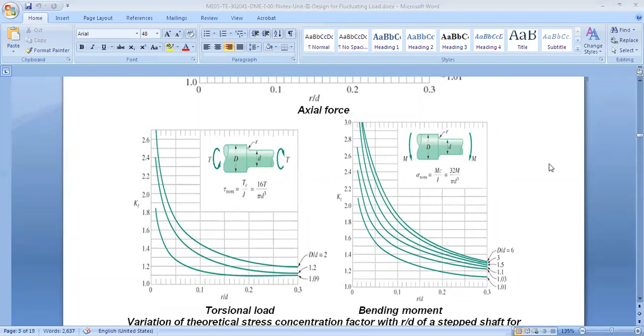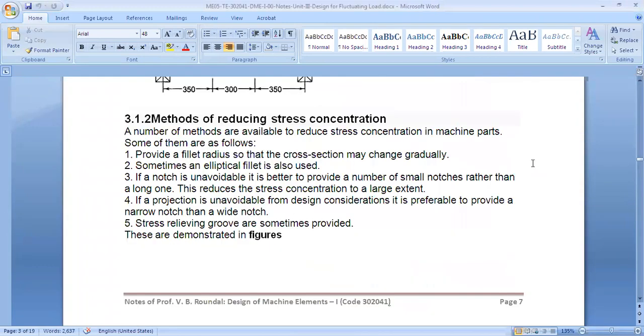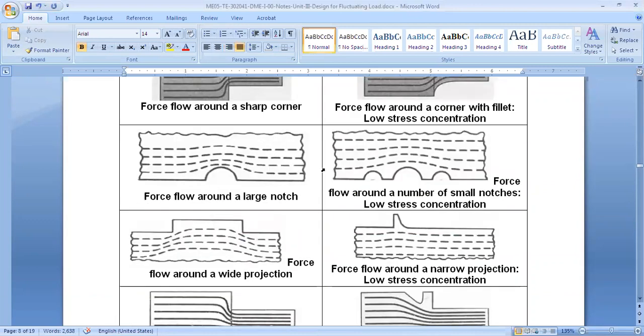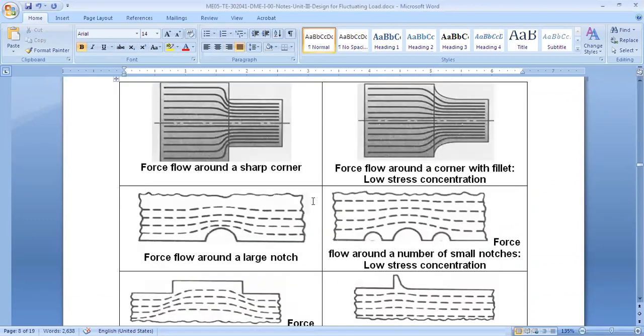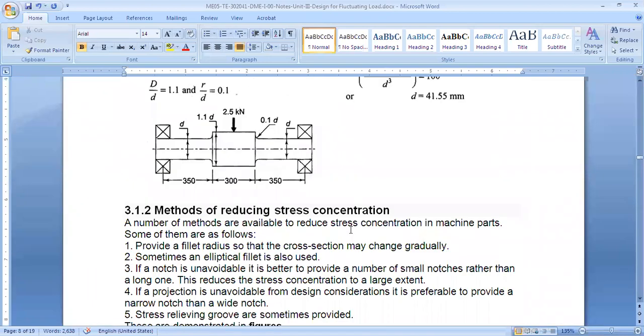Then we have gone through methods for reducing stress concentration: having small notches close to the large notch, sharp corners should not be there, and we can make a groove in front of something if there is a drastic change in dimension. All those we have seen as stress reduction methods.